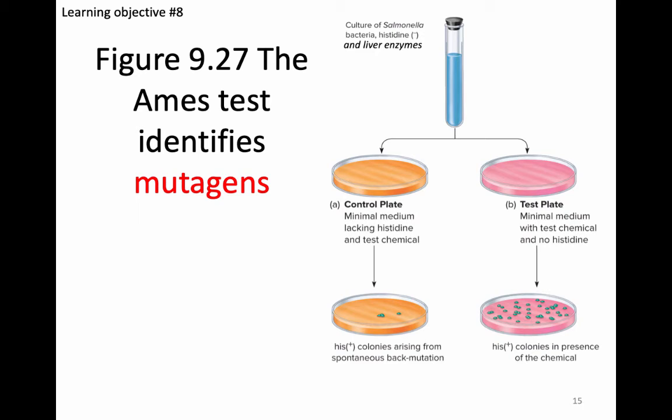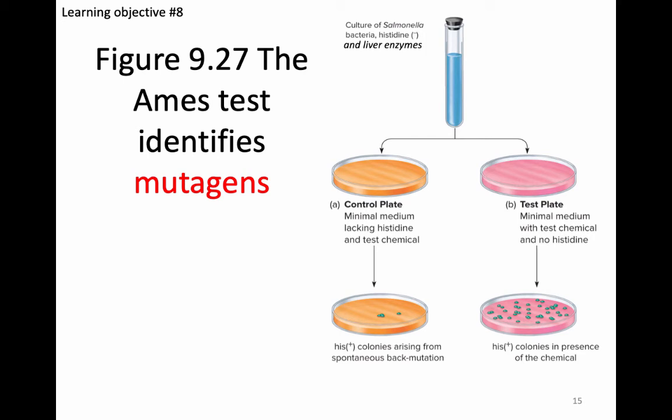plate. We also plate a portion of the culture, the liquid culture, onto the test plate, which is identical to the control plate with the addition of the test chemical, which we're trying to determine if it is a mutagen. So on the test plate, we see growth of many more colonies.